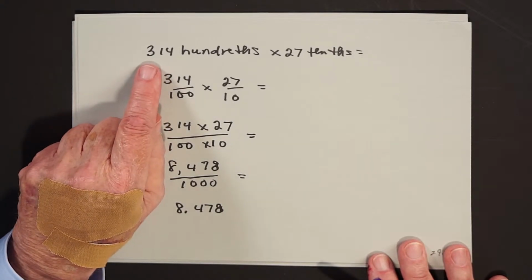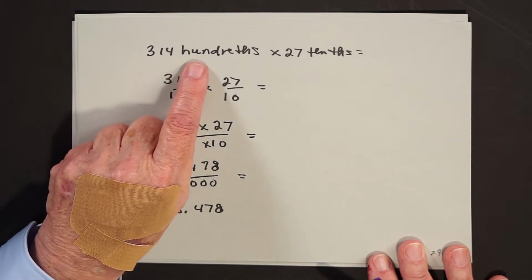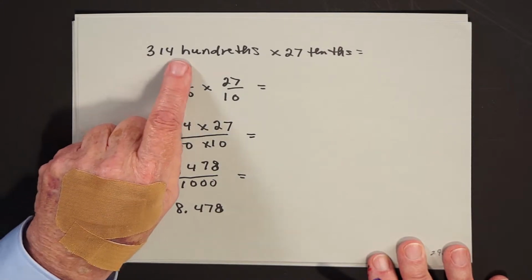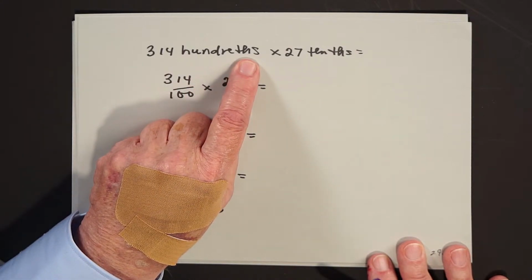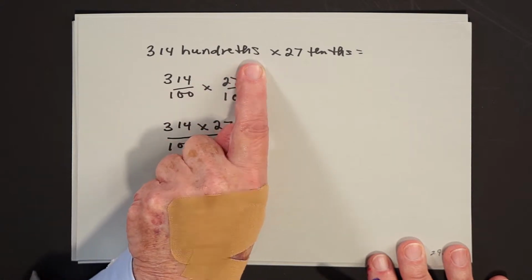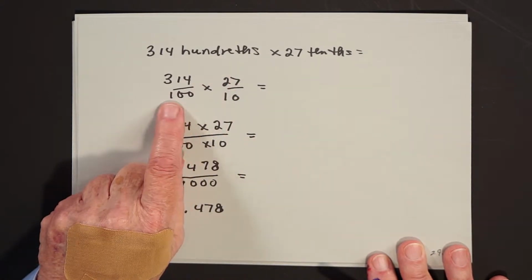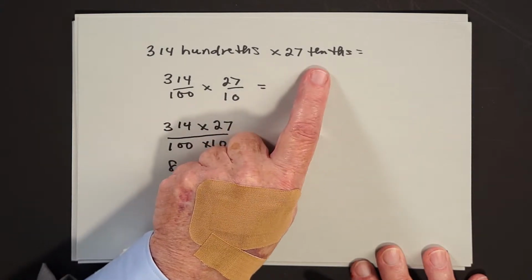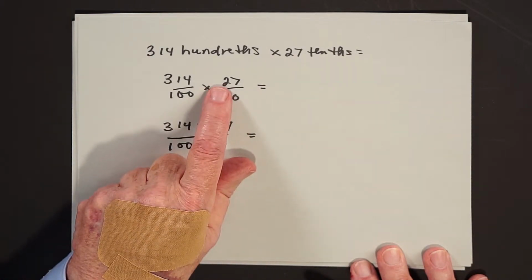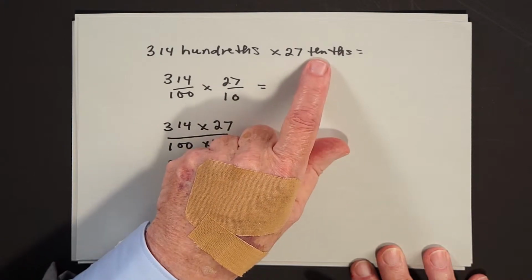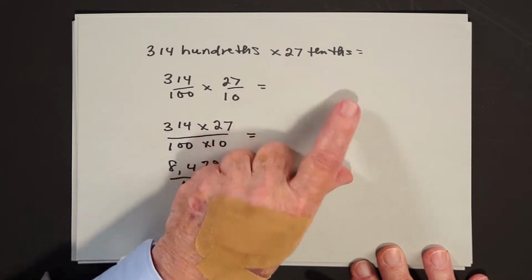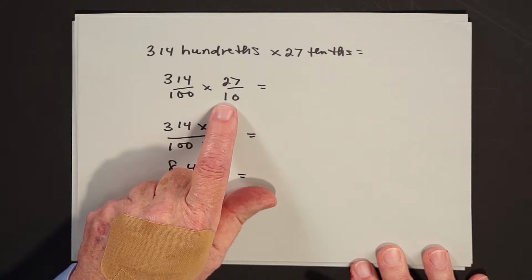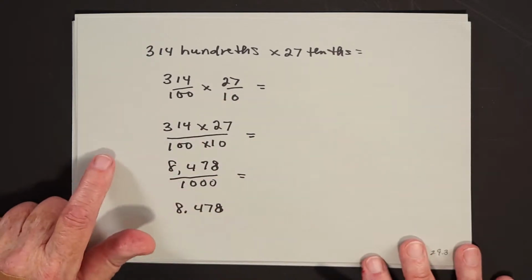In other words, again, 314 hundredths, the 314 is your numerator. The denomination is hundredths, 100 ends in 2 zeros, so you want to have a 1 followed by 2 zeros in the denominator. 27 tenths, 27 is your numerator. A tenth and 10 ends in 1 0. So in other words, as a fraction, 27 tenths is 27 over 10.